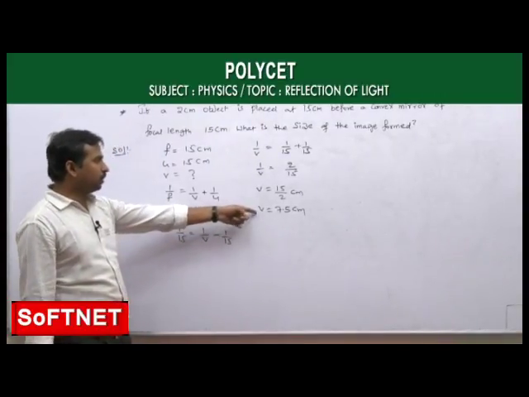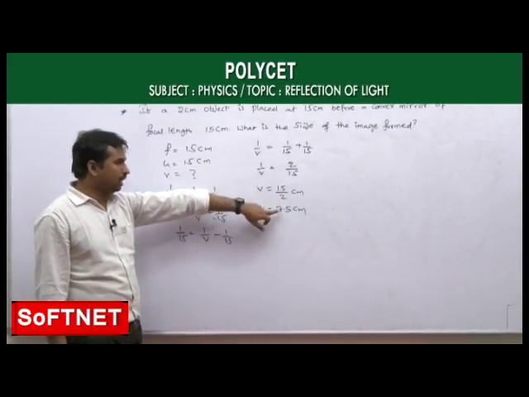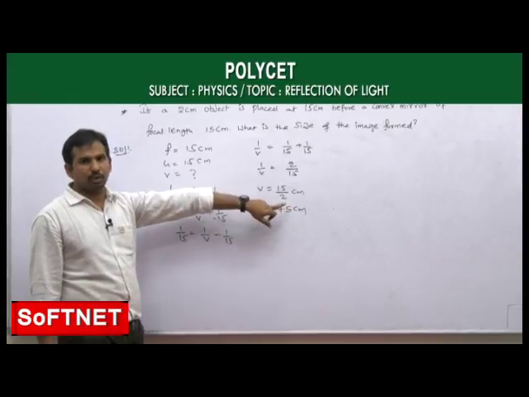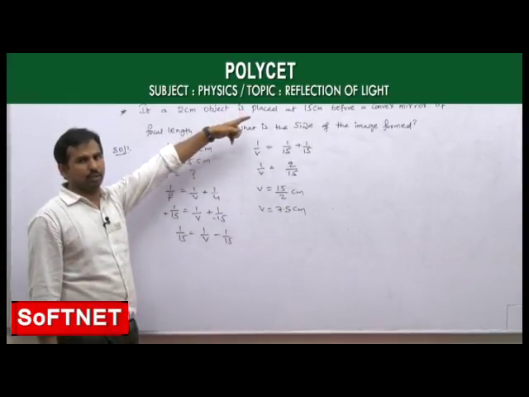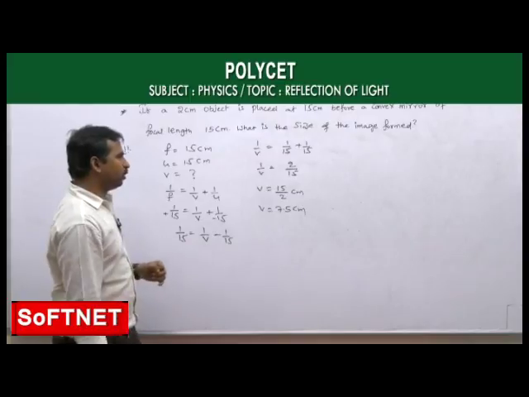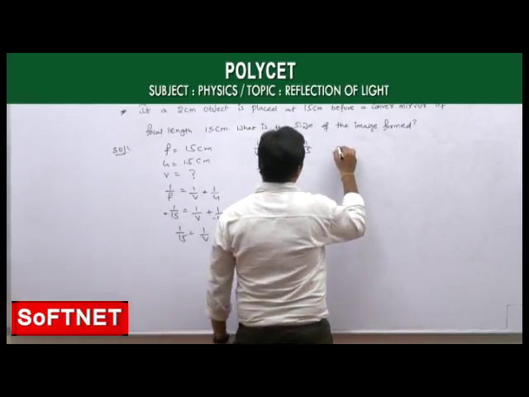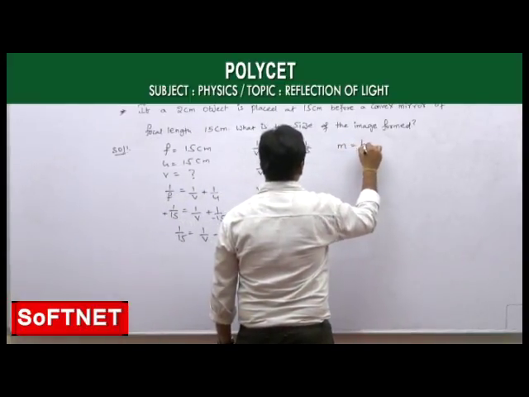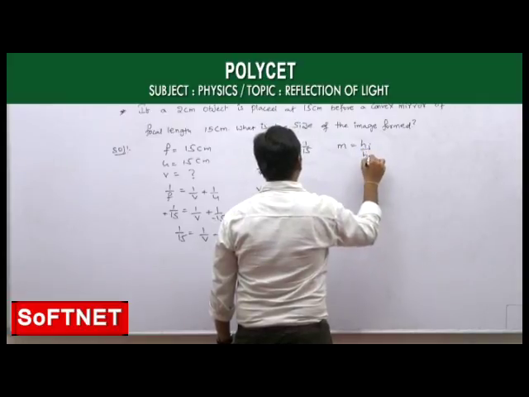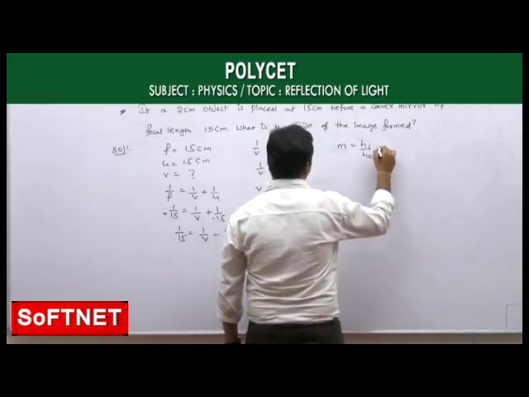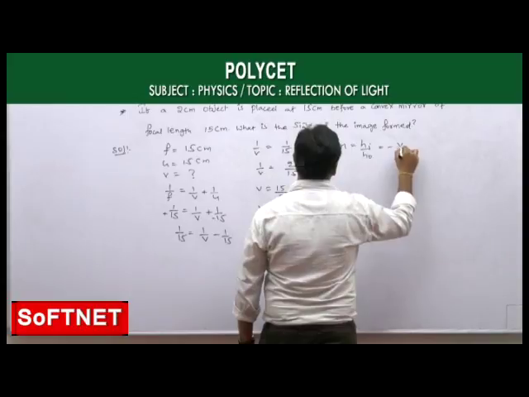And not only that, the sign convention for the image distance is positive, which is like a convex mirror. Now we need to find the magnification here. We know that magnification m is equal to height of the image by height of object, and it is also equal to minus v by u.